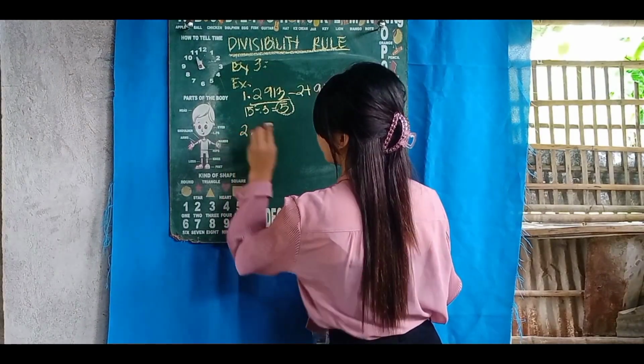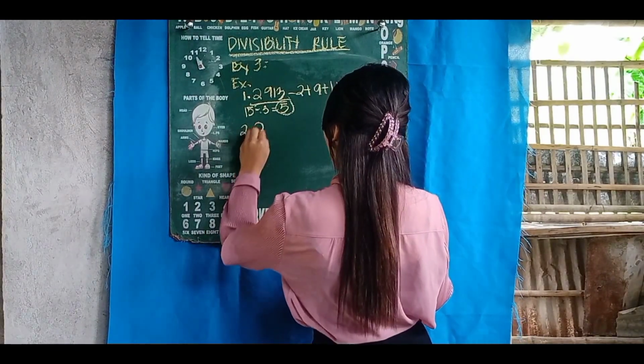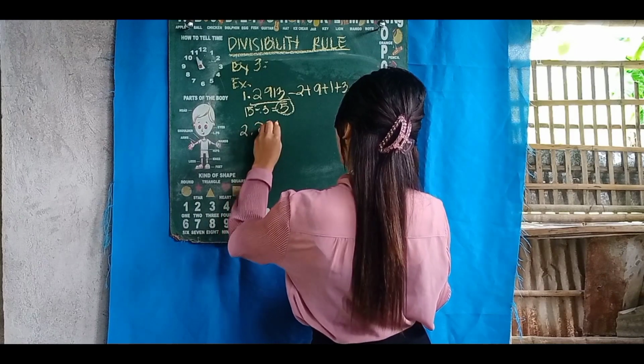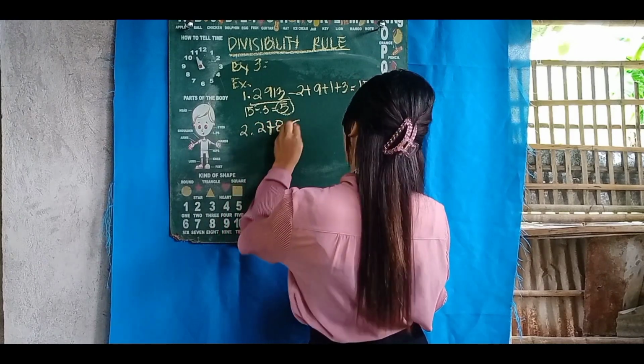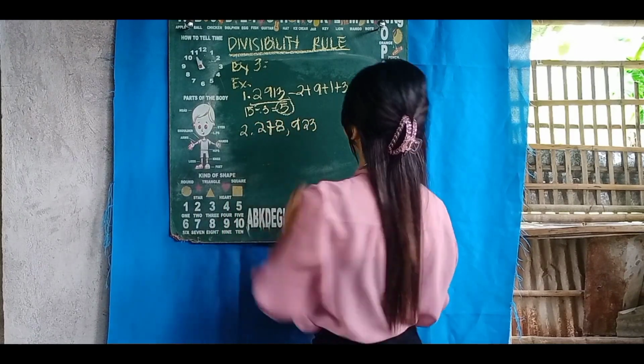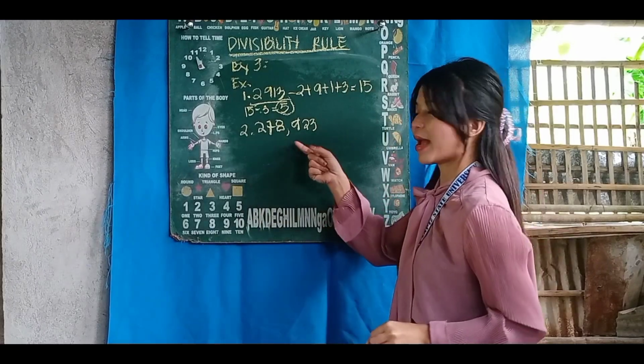Another example. Let's have 278,923. Is this divisible by 3?